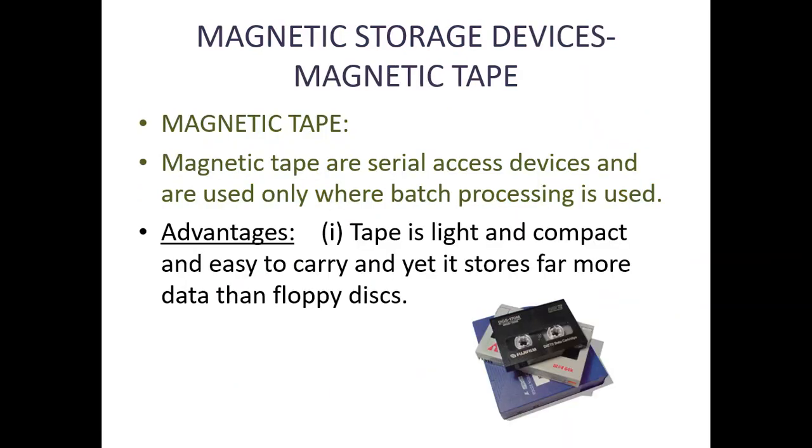These are some of your magnetic tapes, and they normally use this for batch processing. For the sake of this course, we don't really need to talk about that in much detail, but you could always YouTube a topic on tape listing and what tape is normally used for in storing information.